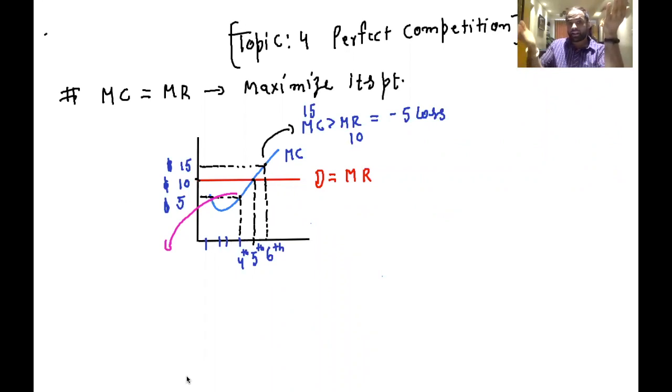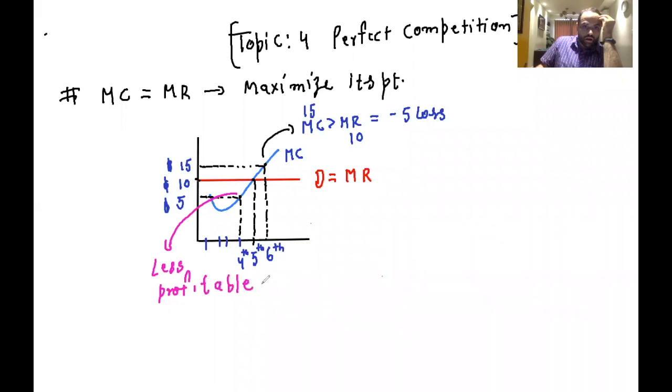You can increase the price up to 10, so you have an opportunity to make money. That's the reason you're not going to sell the fourth unit. You're looking for a more profitable opportunity, so obviously you're not going to sell this item.